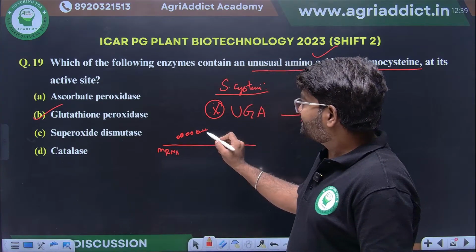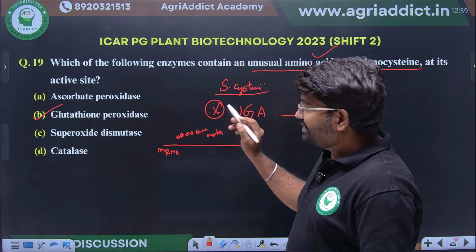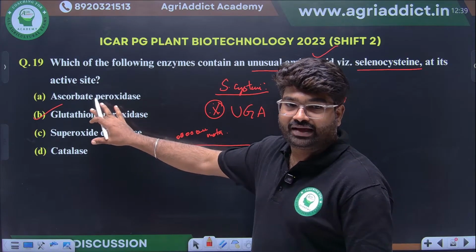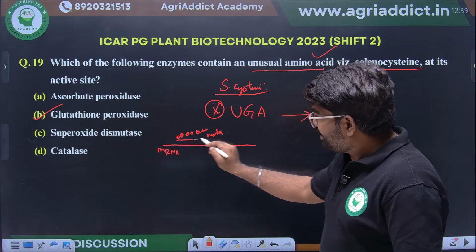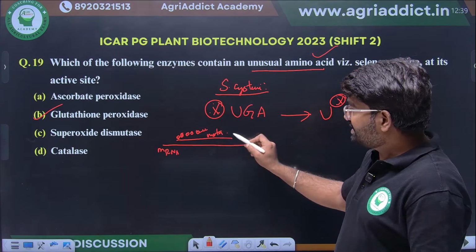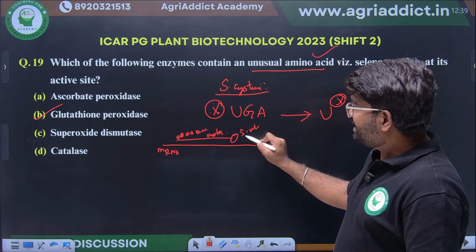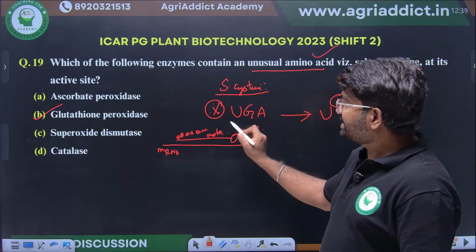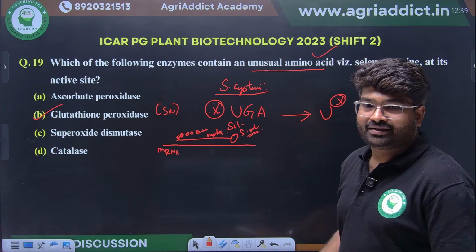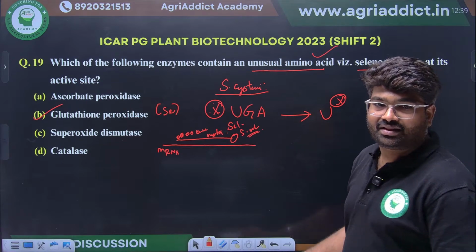But in glutathione peroxidase, wherever the protein synthesis is happening, during that synthesis process itself, this selenocysteine will be incorporated there. So the selenium will be incorporated in the translation process itself. Okay, these are the important points.